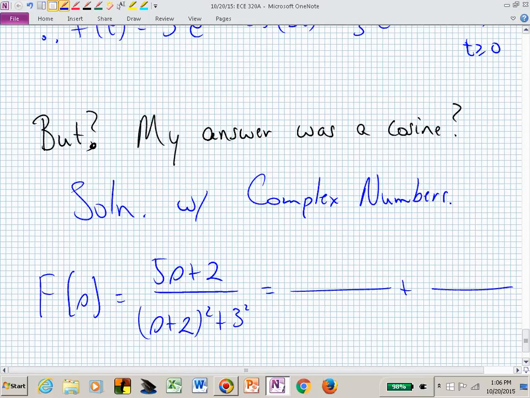What's in the denominator? And what's in the numerator? Can I use K's, since the book likes K's? So is K here?